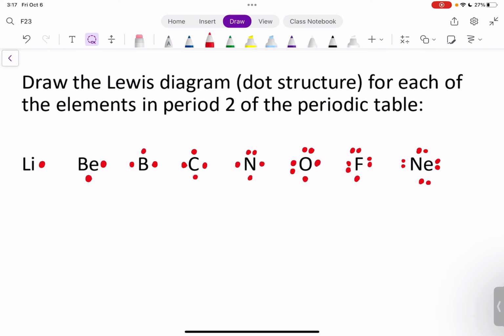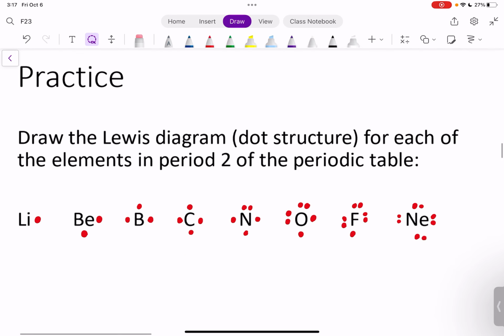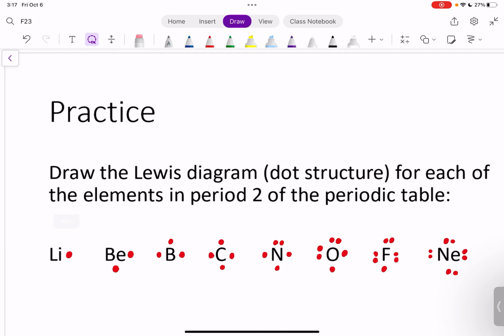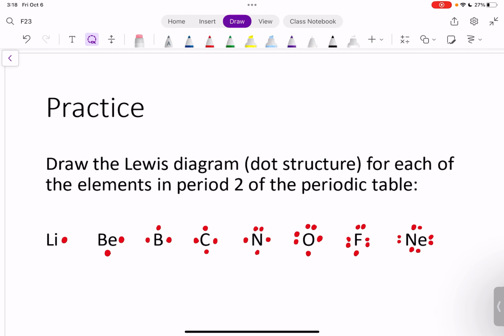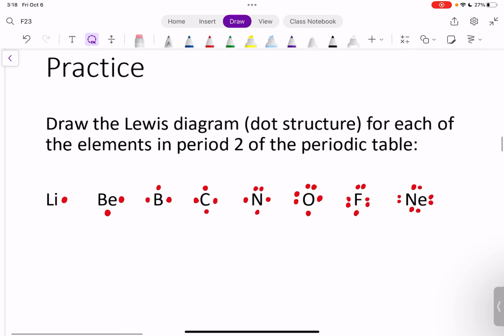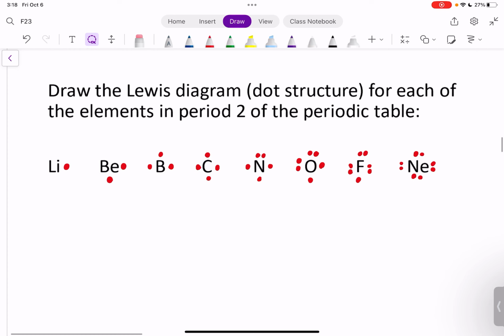All right, let me just move these up here because they look a little funky there. And I'm going to move these over a little bit. All right, that was just looking a little funky there. This too. There we go. All right, so these would be good examples of how you could draw those Lewis diagrams for each of those atoms.